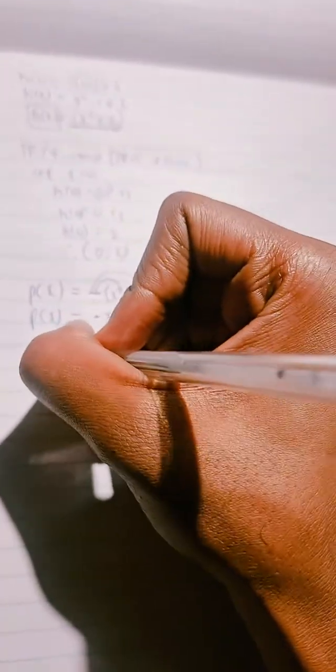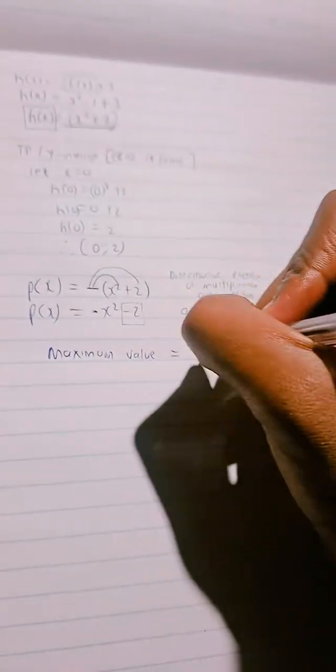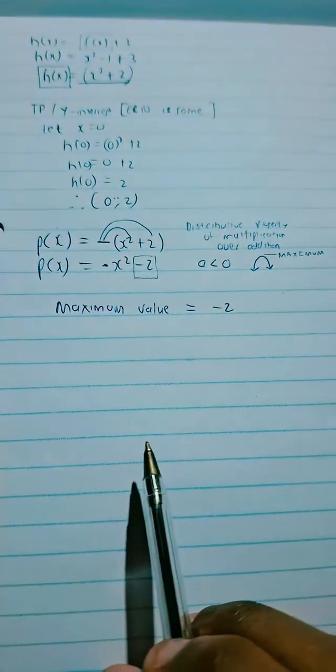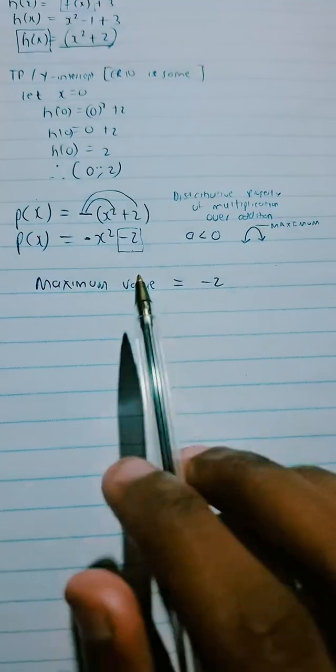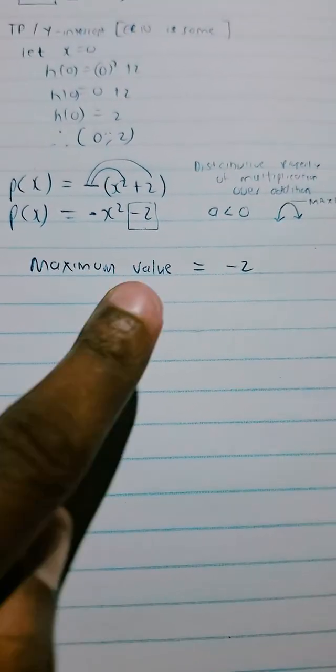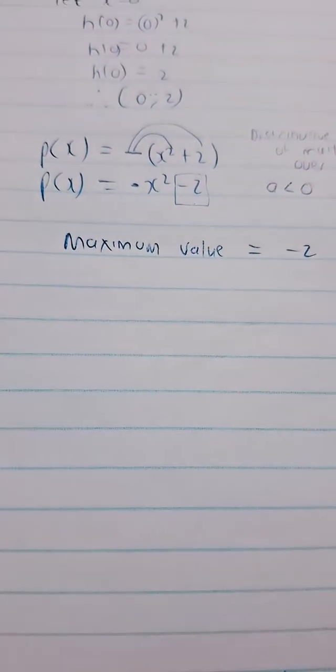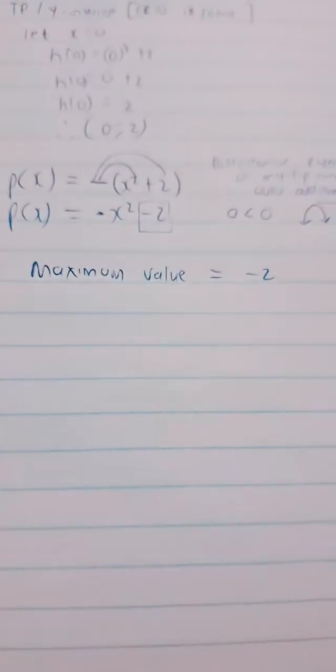The maximum value is equal to negative 2, because the maximum or the minimum is always the q value of the parabola. The maximum value of p is negative 2.